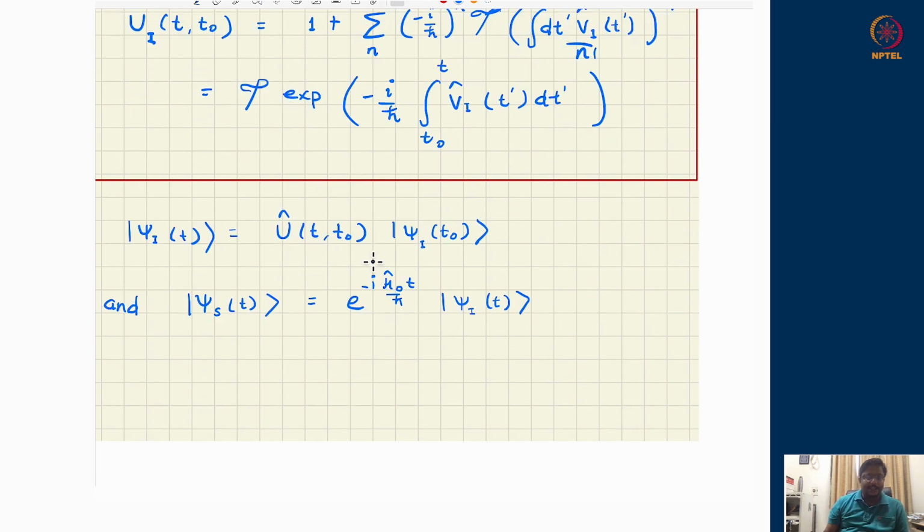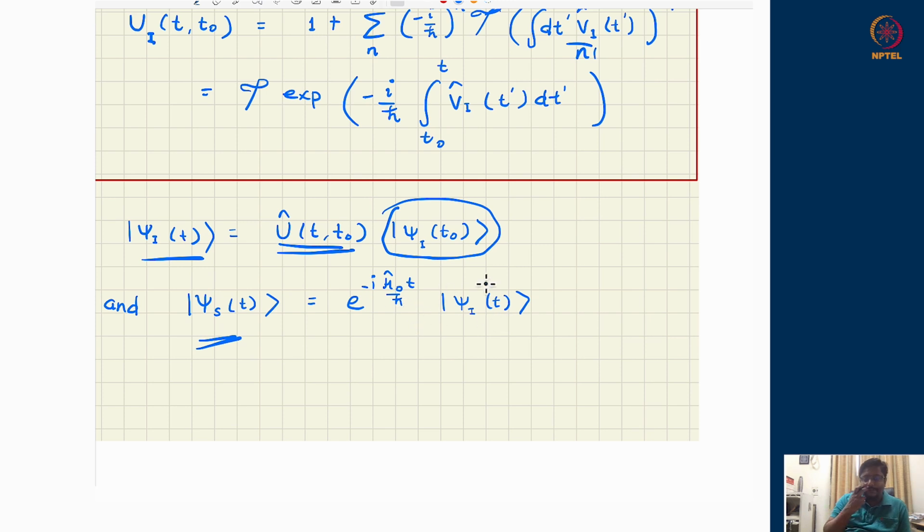And therefore I can take this unitary, act on the initial state in the interaction picture and get the final state in the interaction picture. And once I have the final state in the interaction picture, I can get the final state in the Schrodinger picture by plain simple multiplication with the free unitary U naught.